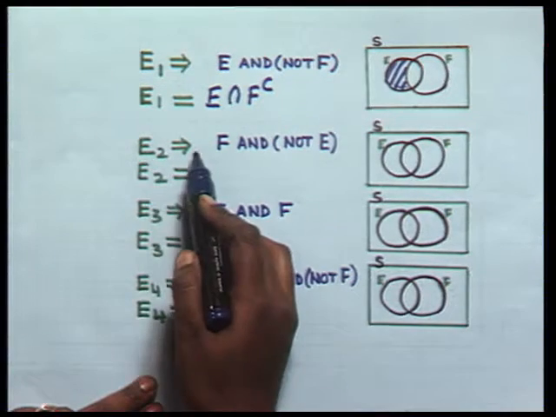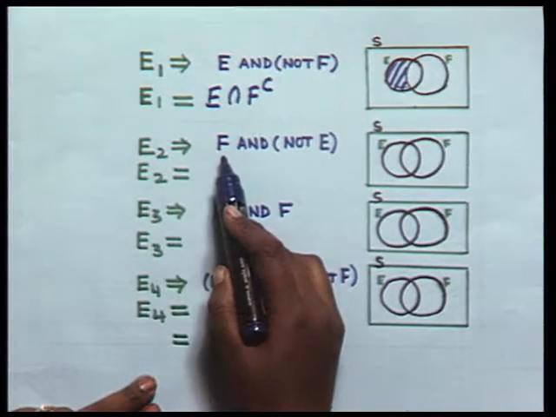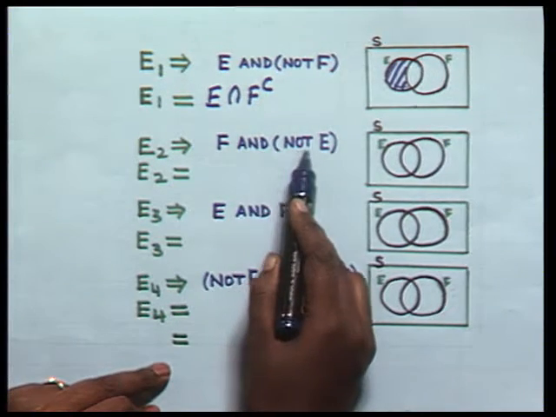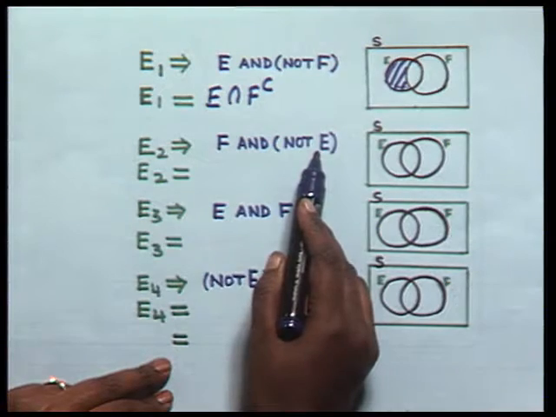Now for the event E2, it says only wife is selected, that means F and not E, not the husband, only wife.